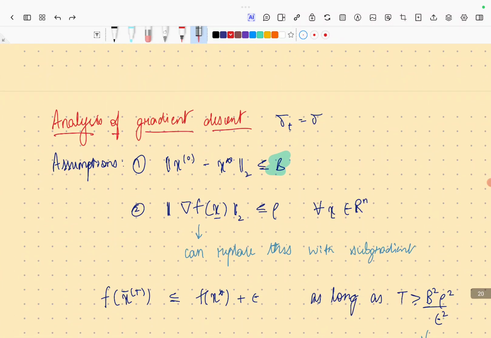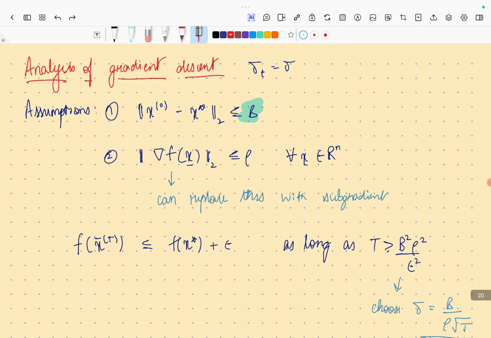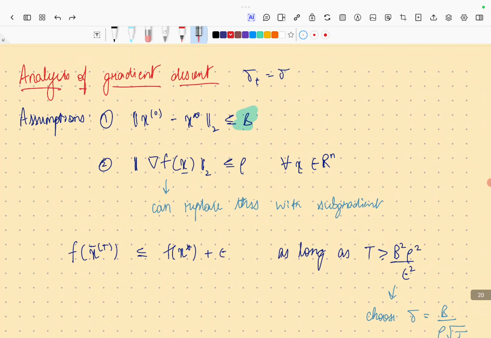Okay, so now let's try to analyze the behavior of gradient descent. How do you prove or derive a bound on the rate of convergence of gradient descent? For general functions, it's impossible to derive a bound on the rate of convergence. But now we can make some assumptions.